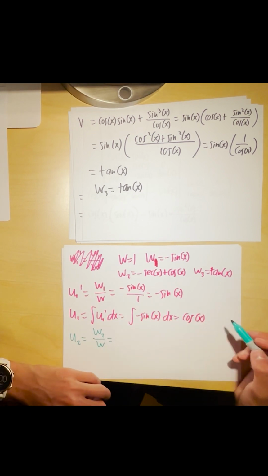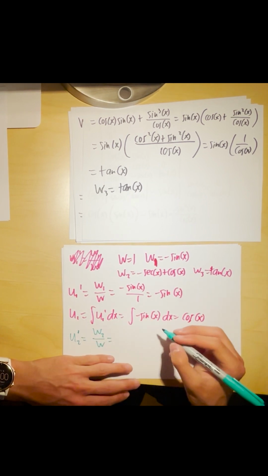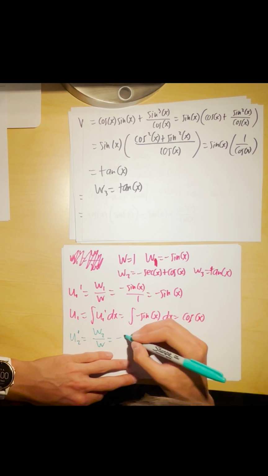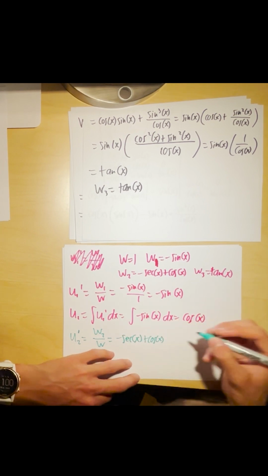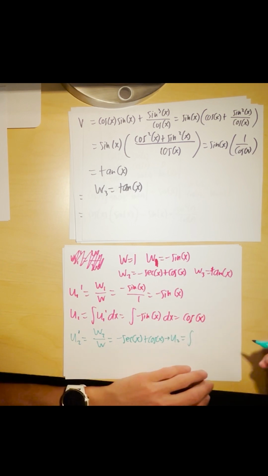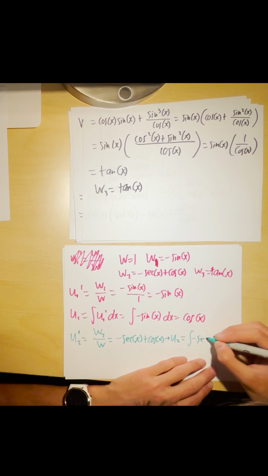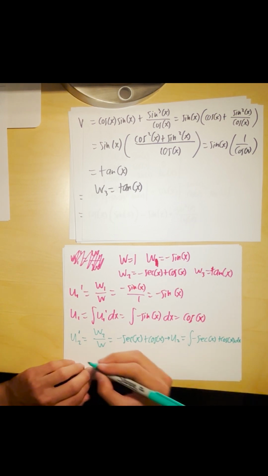Since w is 1, u2 prime equals w2, which equals negative secant x plus cosine of x. So u2 equals the integral of negative secant x plus cosine x dx.